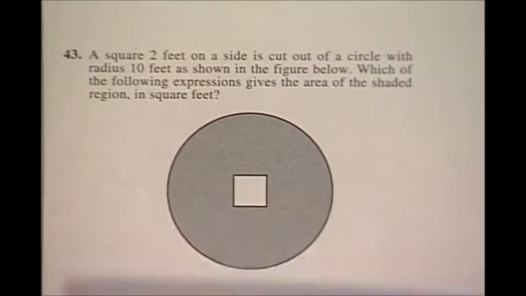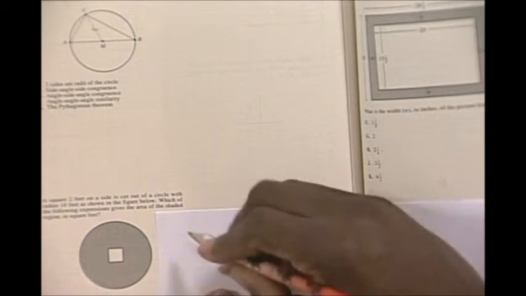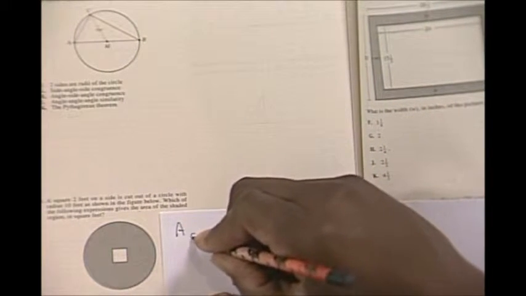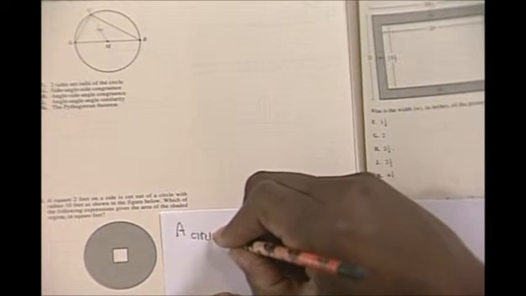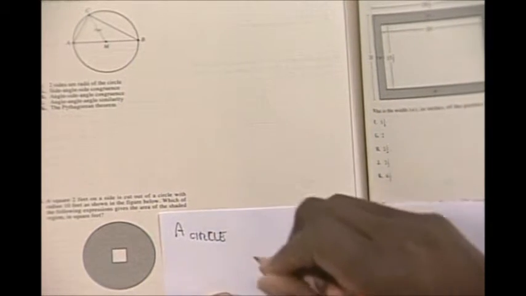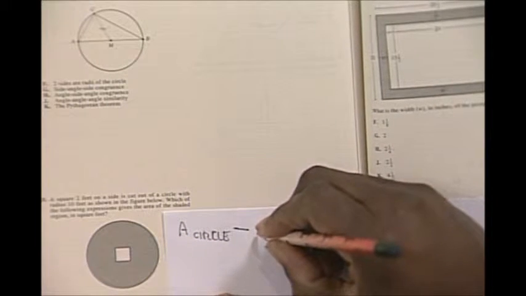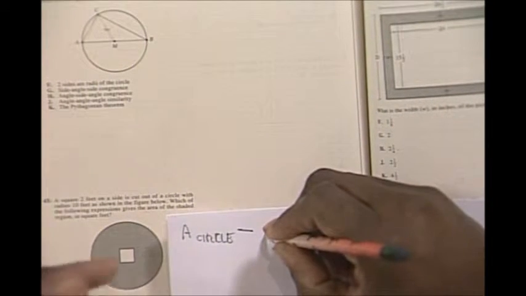The way you go about doing that, let's zoom out again, is you would realize that you have the area of a circle initially, and then you're subtracting out the area that someone might have cut out.